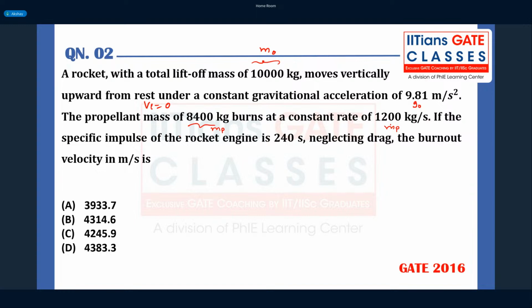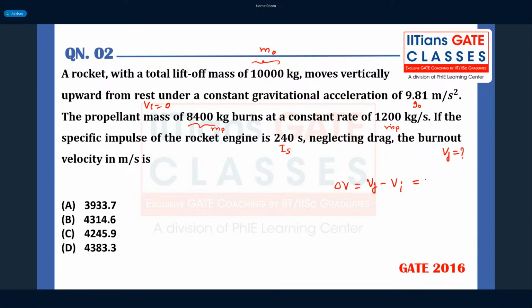So if the specific impulse of the rocket engine is 240 seconds, neglecting the drag, the burnout velocity in meters per second. So they are asking you to calculate the final velocity. What is the final velocity? The delta V, the change in velocity, is nothing but the final velocity minus V initial.